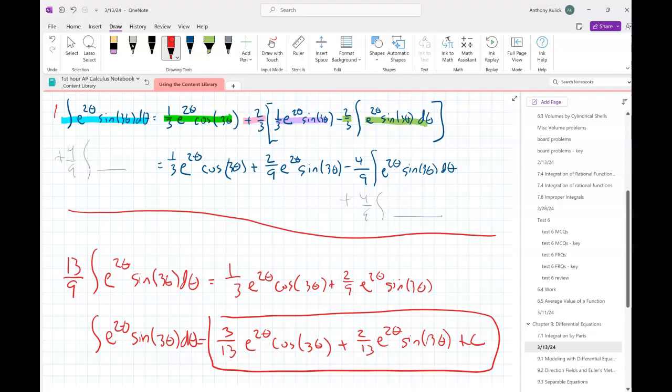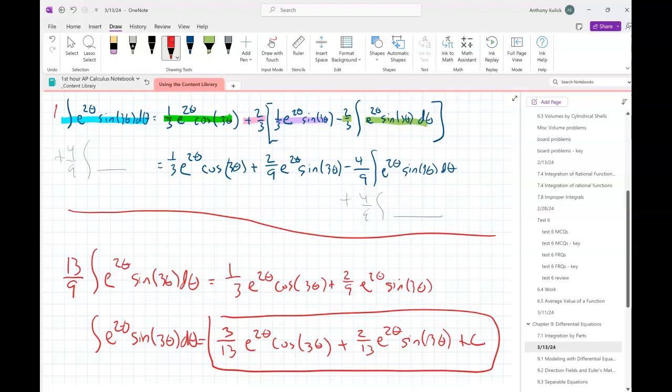Yes, that's good. The book has like a factored answer or whatever, but good enough. They did some factoring and pulled out a 1/13 and an e to the 2 theta, but it's the same thing that we have here.